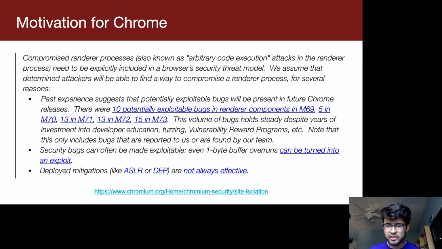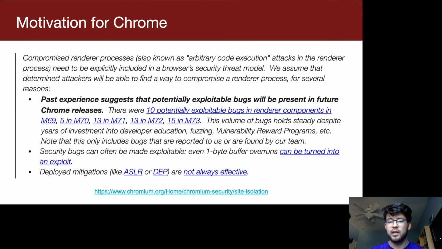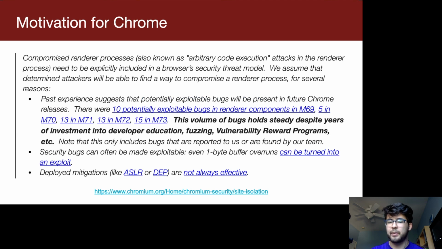On a different page, they give a lot of reasons that should remind you of what we talked about in the very first lecture of this class. They say that determined attackers are always going to be able to find ways to hack a process, to break out of a process. There were a lot of exploitable bugs in the past, and this is despite our best efforts.